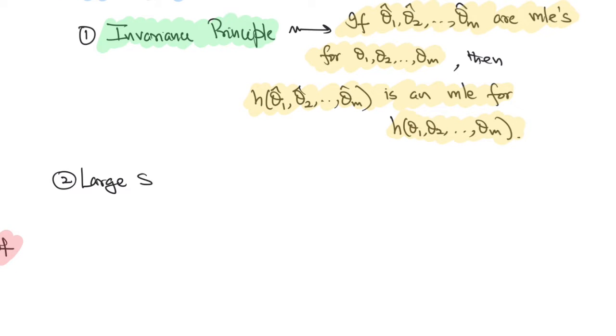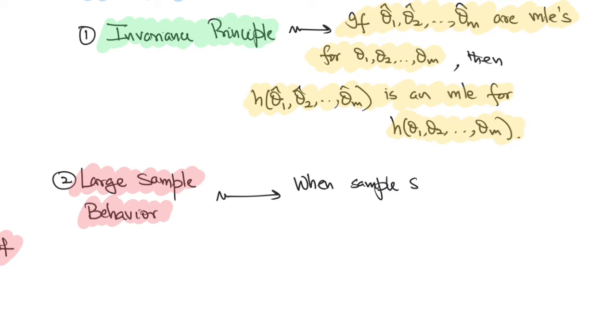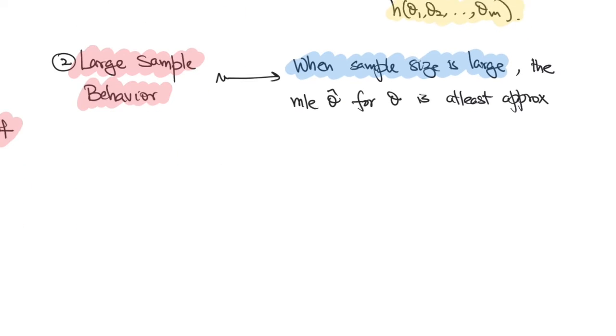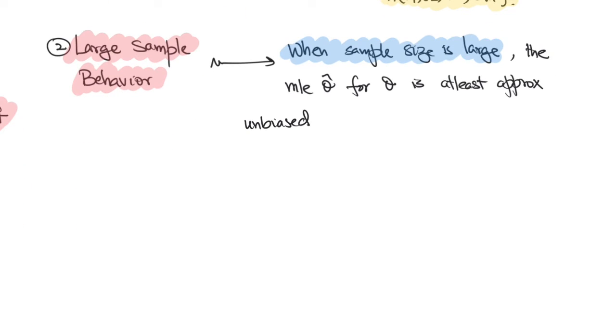The second property is what is known as the large sample behavior of MLEs, which says that if your sample size is large, then the MLE theta hat for theta is at least approximately unbiased. That is to say that the expected value of theta hat is almost equal to theta.